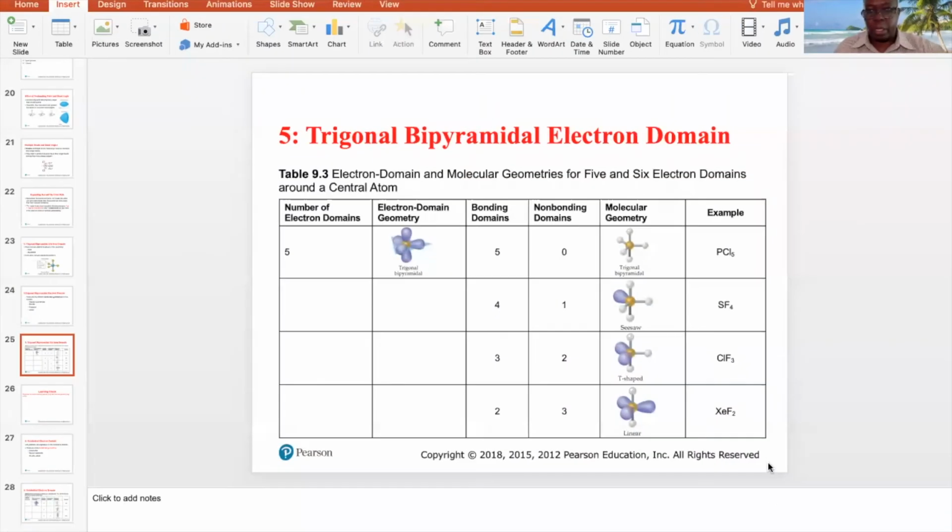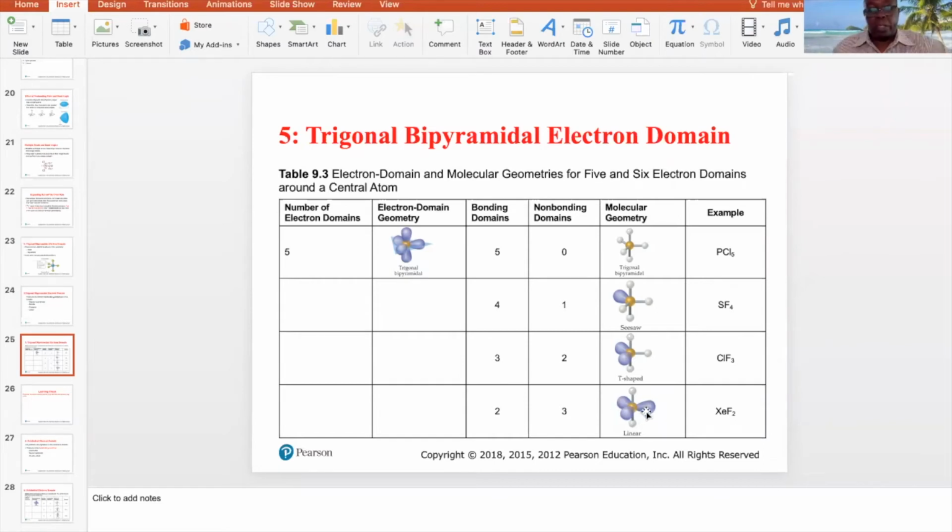Let me just blow this up. If you look at the 5 domains, 1, 2, 3, 4, the equatorial, you see where they are compared to axial. The purple lobes here stand for the lone pairs.